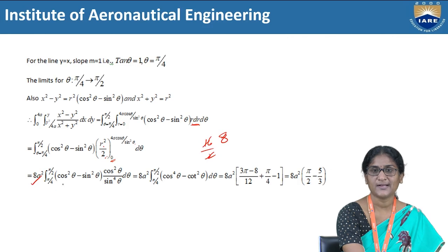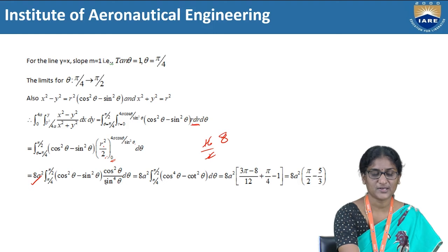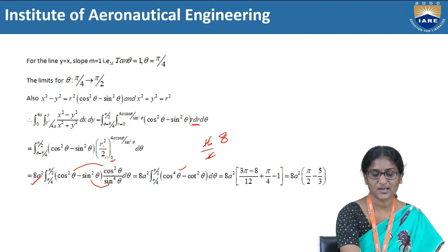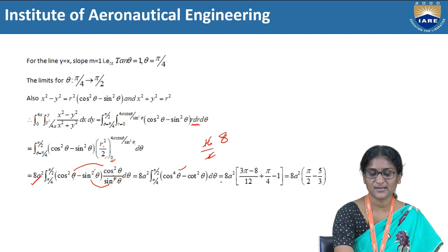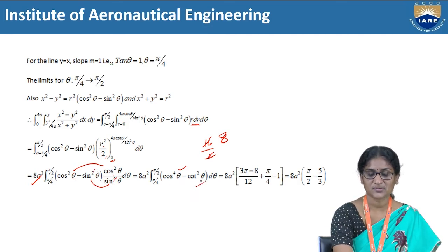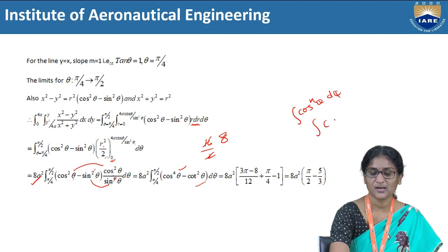8a square integral of cos square theta minus sin square theta into cos square theta by sin to the power of 4 theta. Multiply each and every term with it. So cos to the power of 4 theta, and cos square theta into sin square theta into cos square theta, and once sin square theta gets cancelled here, leaving cot square theta, cos to the power of 4 theta, minus cot to the power of 2 theta. And it can be done by using the reduction formulas, the integral of cos to the power of n theta d theta, and the integral of cot to the power of n theta d theta.